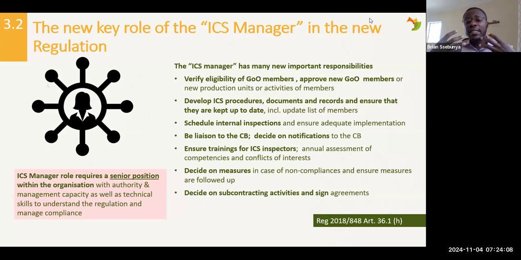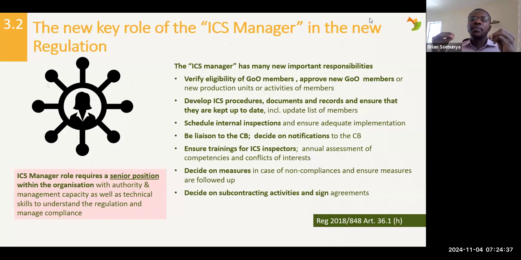So as an ICS manager, you are the one to take the decision on any farmer who wants to join the group of operators. You have to verify, then you approve, and even those existing ones that have got a new plot, that are doing new activities, maybe they are producing a new crop that they were not producing before, you are the one to approve that.